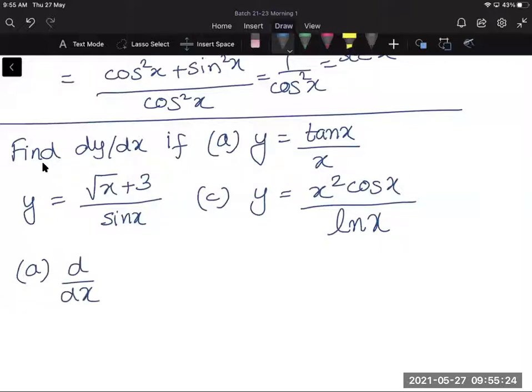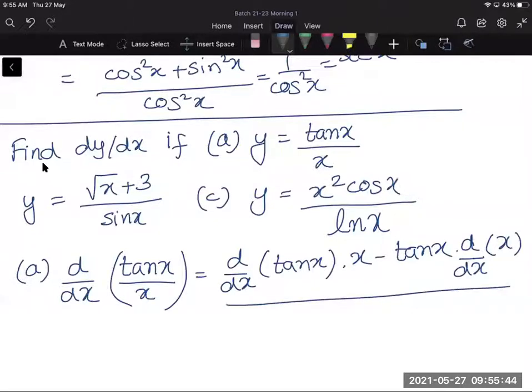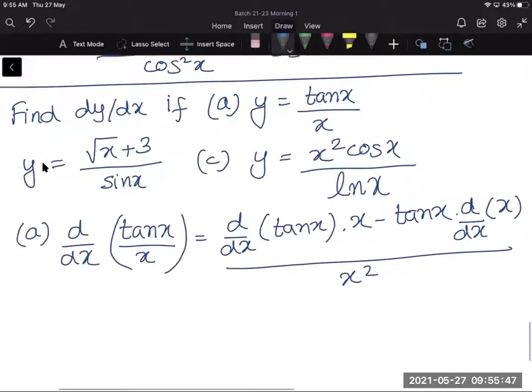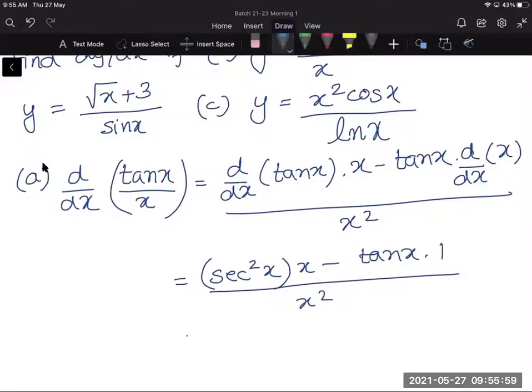d by dx of tan x upon x is equal to d by dx of tan x into x minus tan x d by dx of x whole divided by x square, which is equal to sec square x into x minus tan x into 1 upon x square.